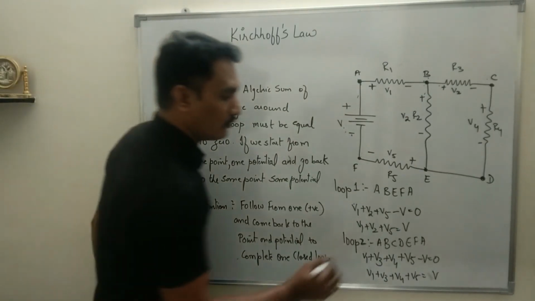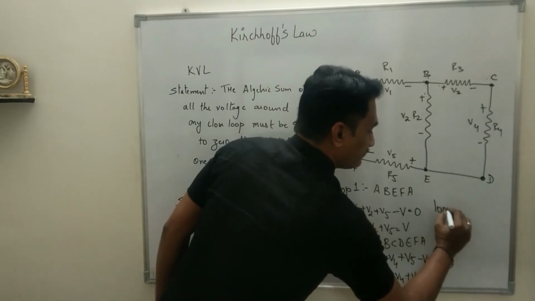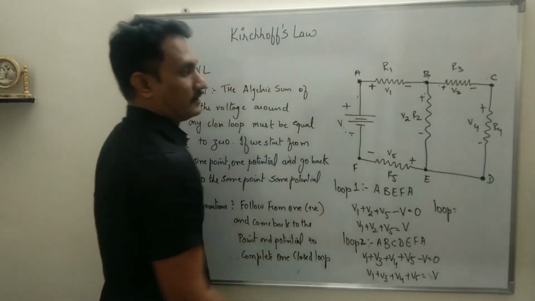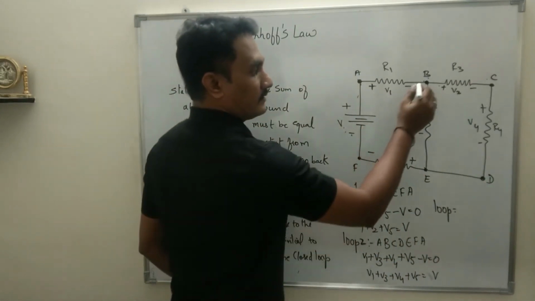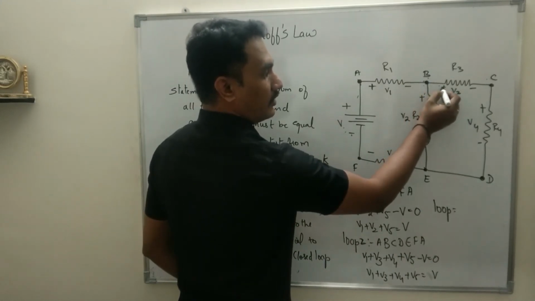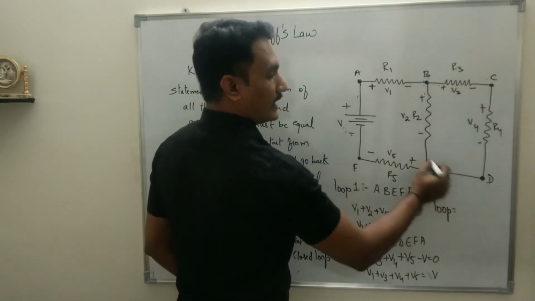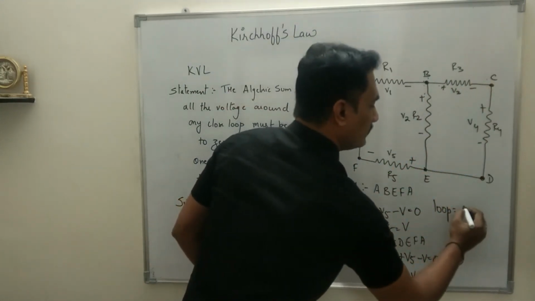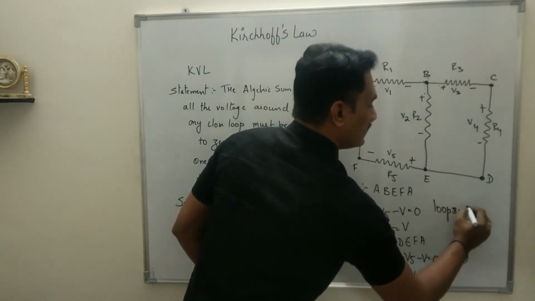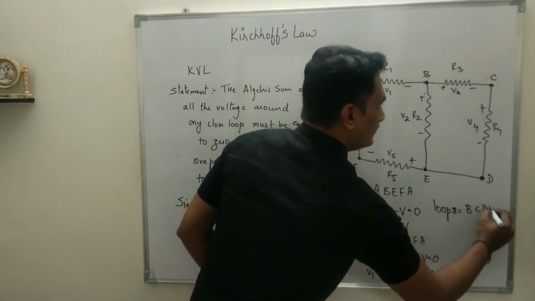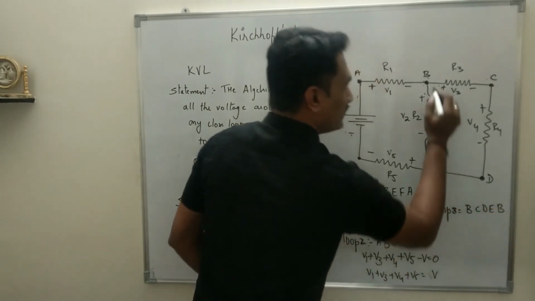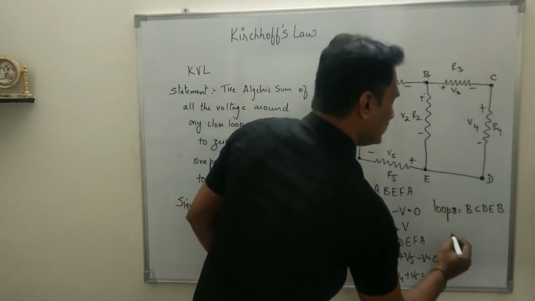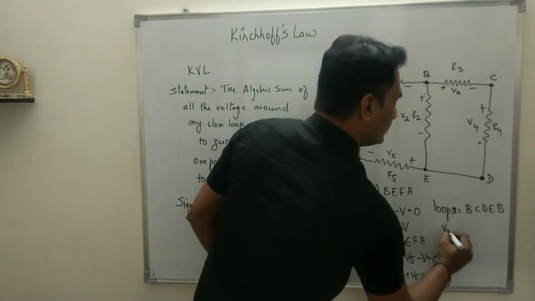And there is one more loop in this circuit. We can start from the positive terminal of node B and go back to the same positive terminal. So it will be loop 3, B, C, D, E back to B. When you are moving from B to C, it is V3.